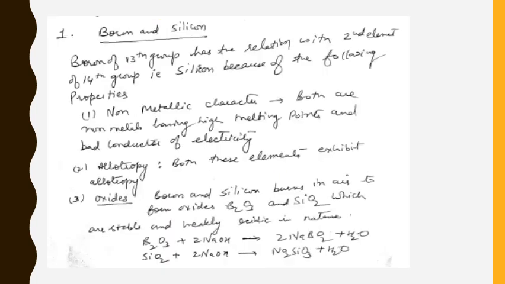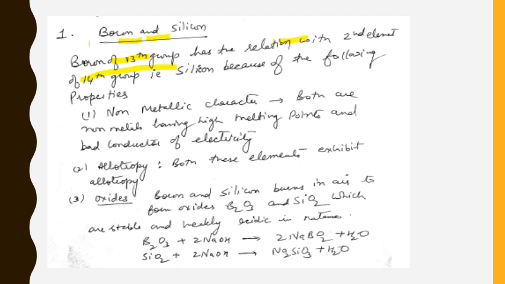The first diagonal relationship is of boron and silicon. Diagonally, as we move left to right, boron in group 13 has a relation with the second element diagonally in group 14, that is silicon. Silicon is the second element of group 14 and boron is the first element in group 13. So this is the diagonal relationship found in both.